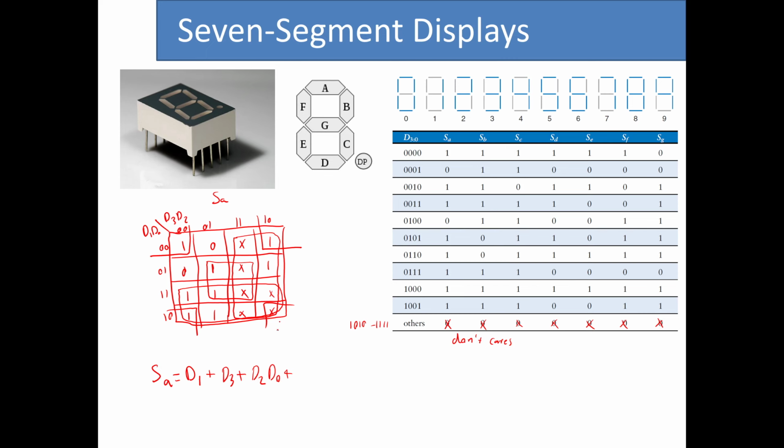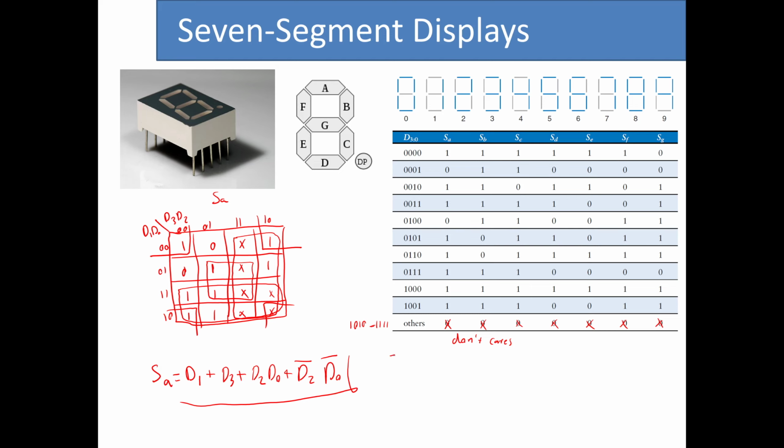D2 is always 0, so we have D2 bar. D1 is both 0 and 1, and so it's not included, and D0 is always 0, so we have D0 bar. So as you can see, this is the final function that we can come up with if we consider the output for the values greater than 9 to be don't cares.